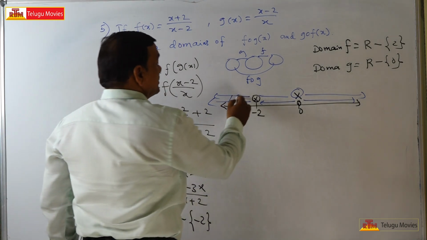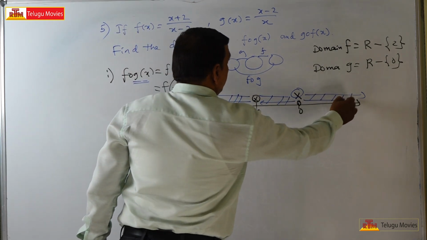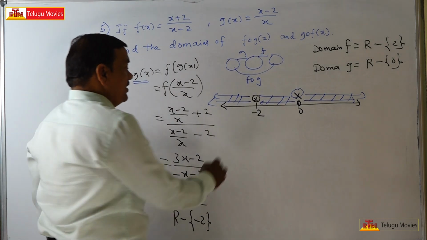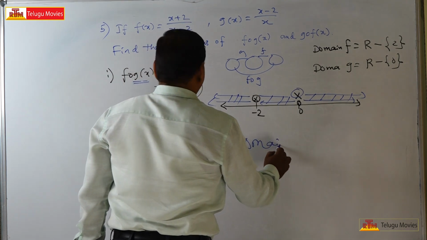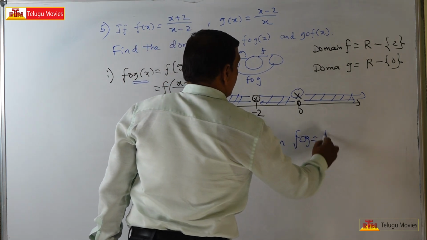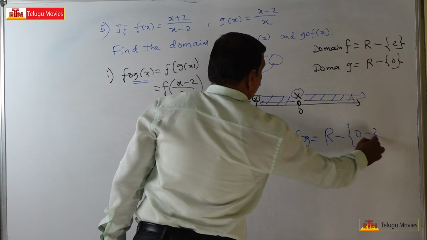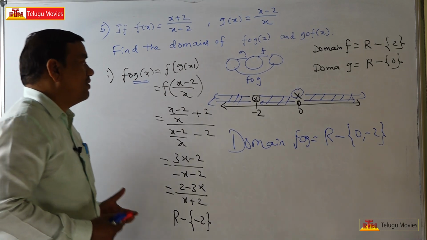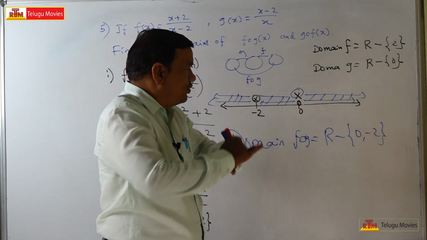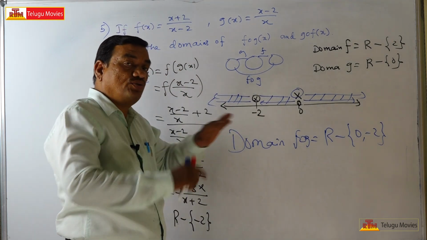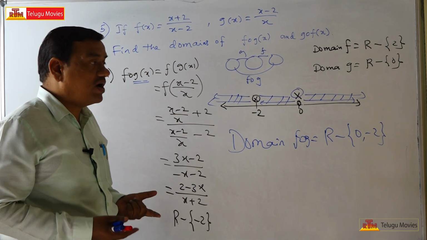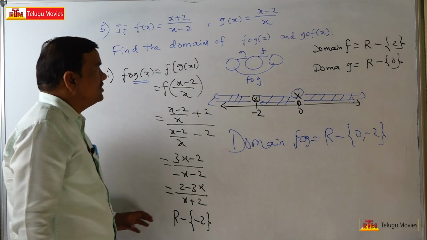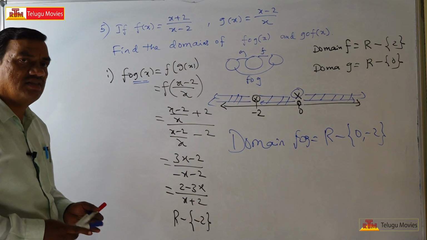What is their intersection part? It means minus 2 and 0 you should not take. Therefore, the domain of f circle g is equal to the set of real numbers except 0 comma minus 2. See here, except 0 everything you can take, except minus 2 everything you can take. What is their intersection part? Except 0 and minus 2, everything you have to take. Okay? So this is the domain of f circle g of x.